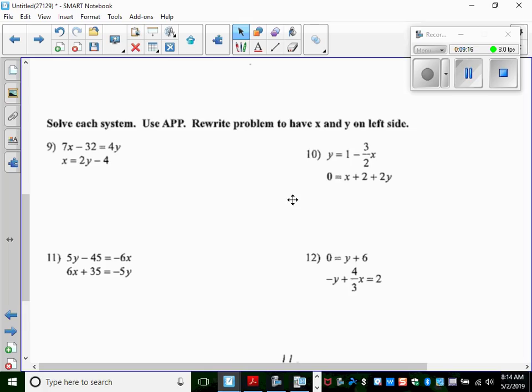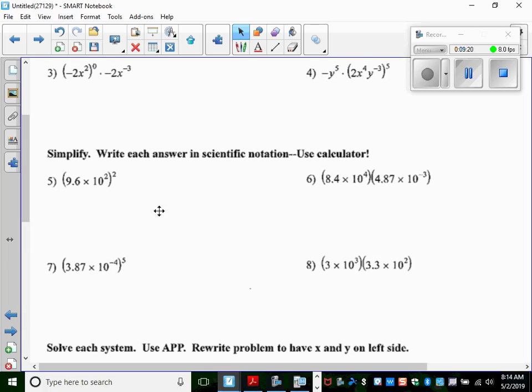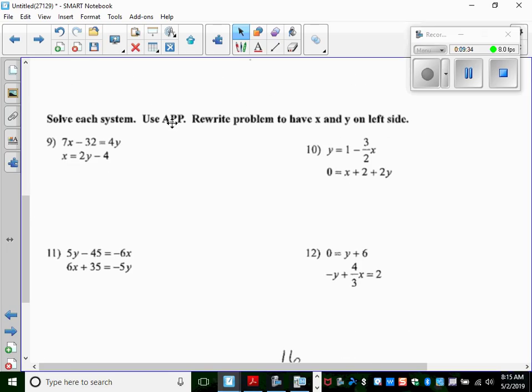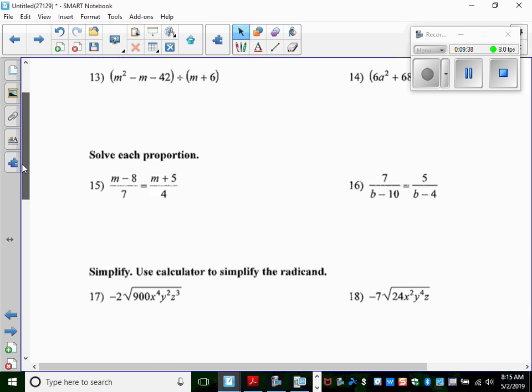We'll look for that in a second. And keep in mind, remember how you put your calculators in scientific mode to do this? So you'll be practicing that scientific mode today. All you do is hit mode and change it to SCI. Okay, and then you're going to do this section using the app, so it won't take long.